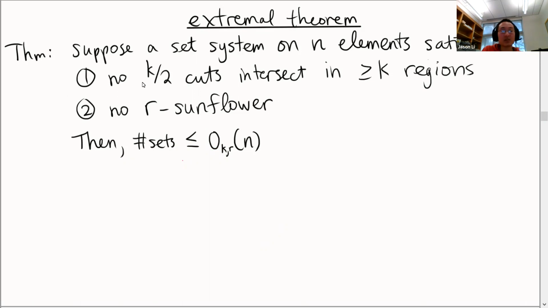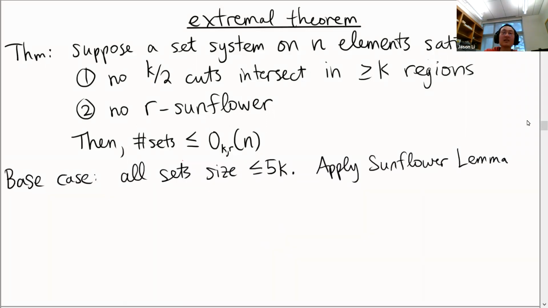The first observation is, if we view the set of small cuts as a set system, we cannot have k over 2 cuts that intersect in more than k regions. And also, this set system must not have an R sunflower for R large enough. We want to claim that the number of sets must be linear, where we view k and R as constants.